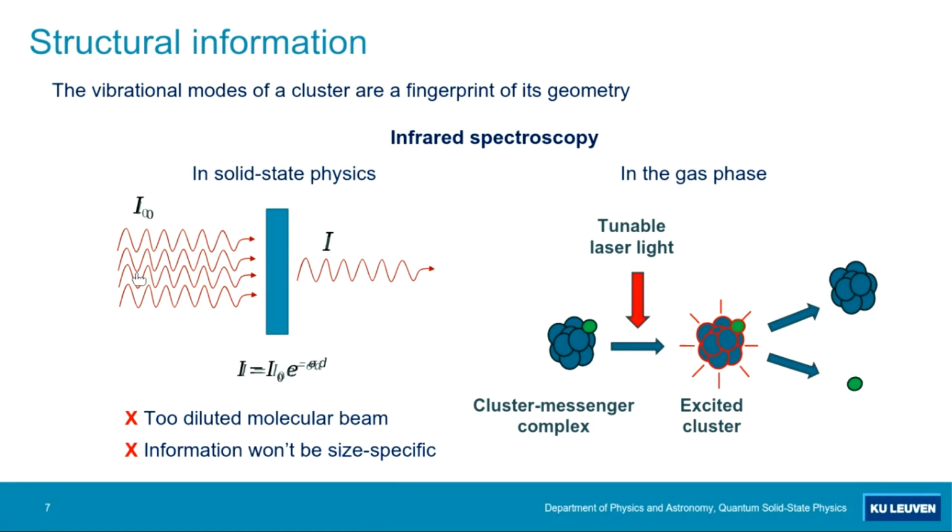You know the initial intensity of the light, and then you measure how much light goes through the sample. So there will be some absorption, and if the wavelength of the light you use has the exact energy of one of these vibrational modes, you will absorb a lot of light, and then you know that at that specific wavelength you have a vibrational mode.